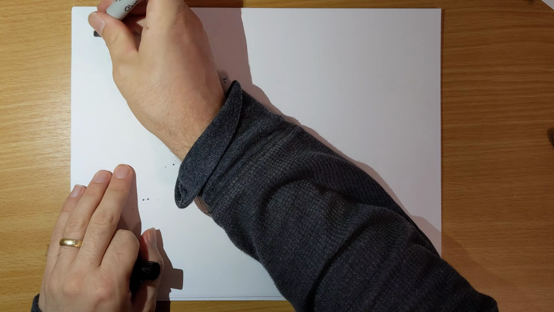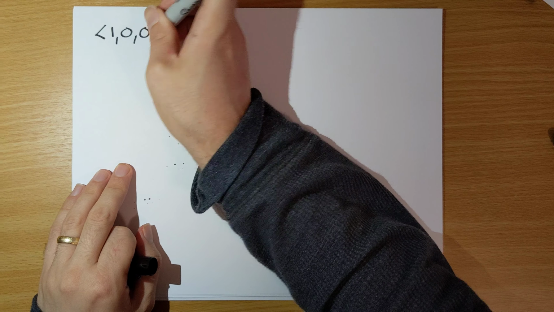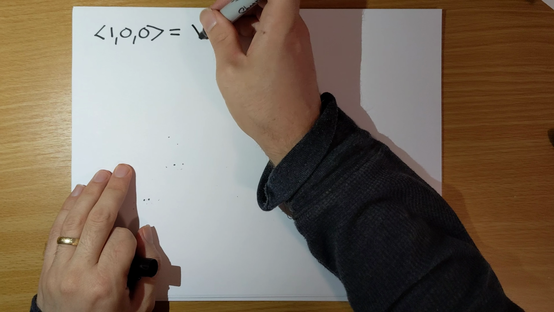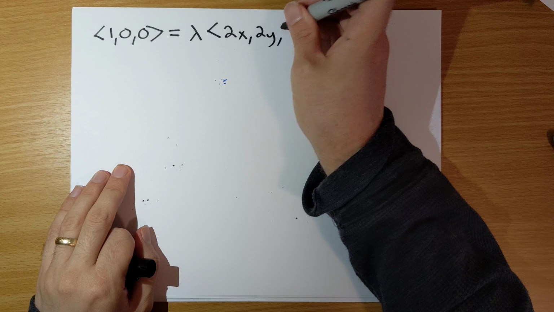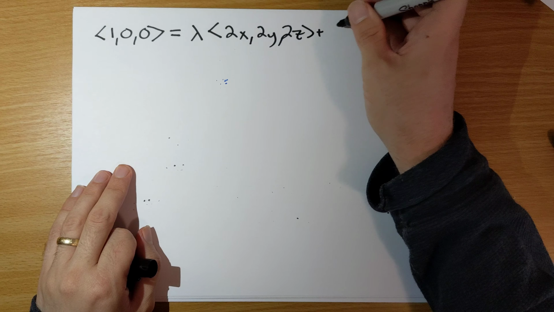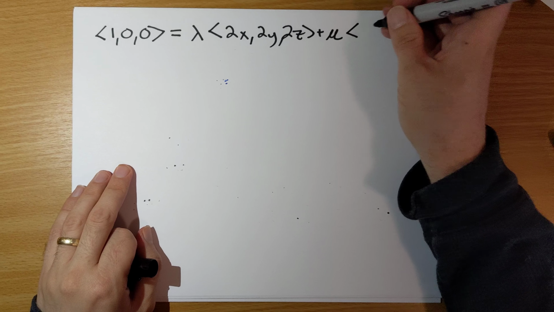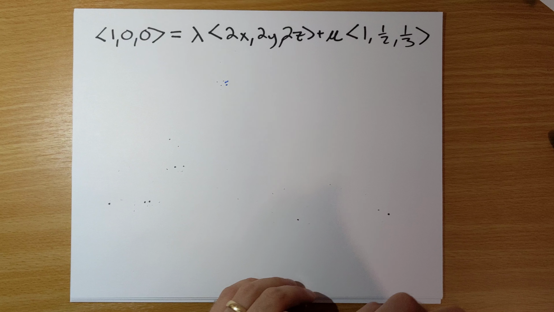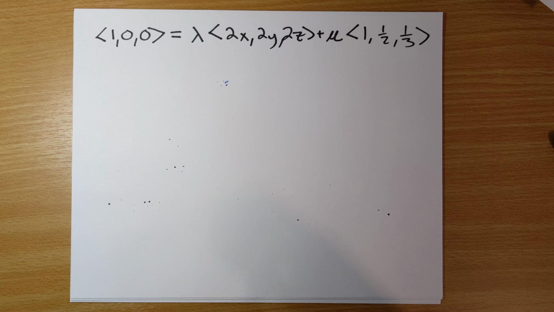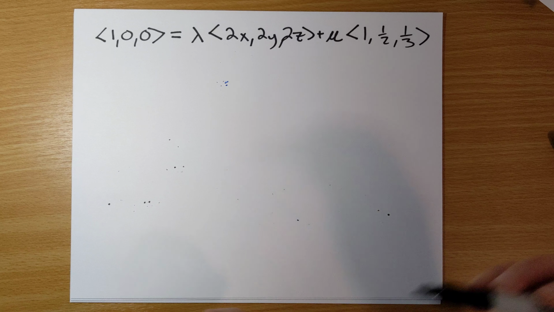So putting all of this information together, we have 1, 0, 0. The gradient of f is equal to lambda times the gradient of g, 2x, 2y, 2z, plus mu times the gradient of h, 1, 1/2, 1/3. Okay, so we have this equation.